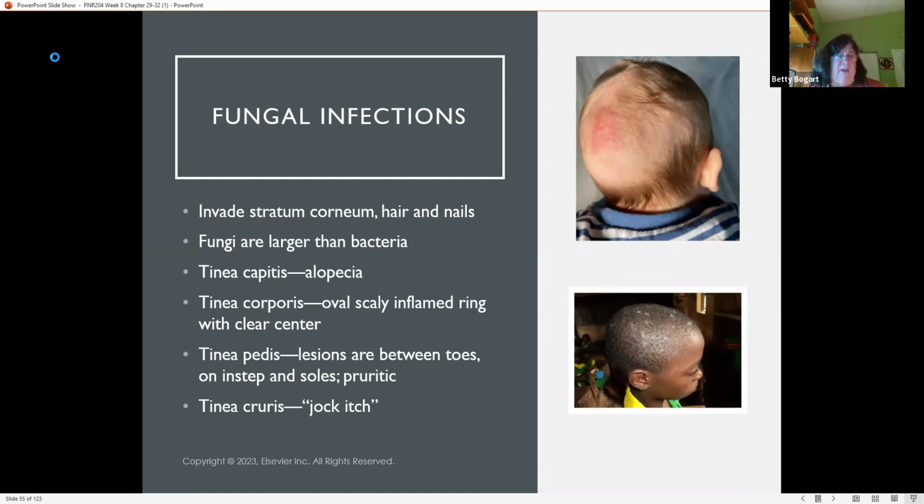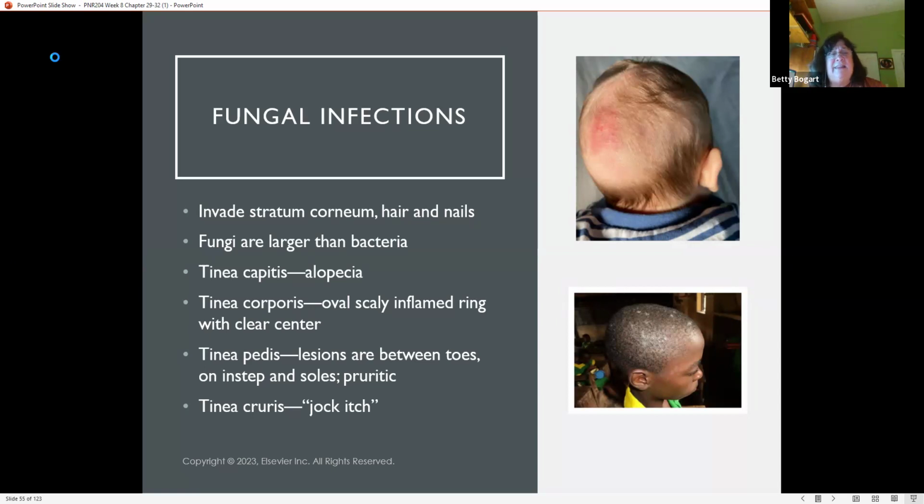Now, fungal infections. Fungal infections are something that you're going to see. You're going to say, well, why is that a fungus? Well, sometimes there's white spots, round spots, and you're going to say, is there a fungus on it? So fungi are something that can be treated. It can cause hair loss, tinea capitis, alopecia, or hair loss.